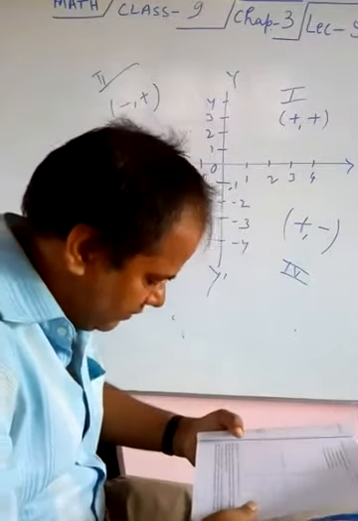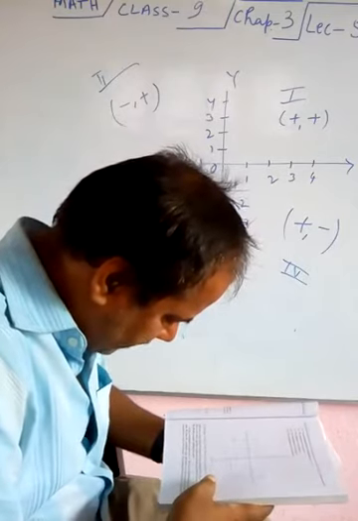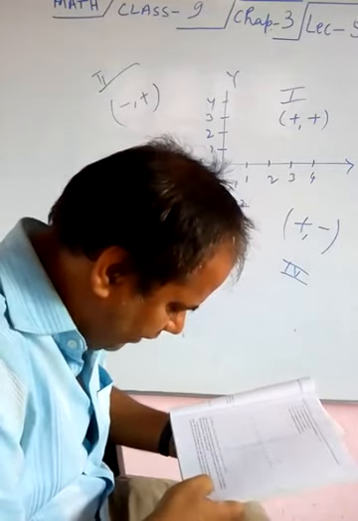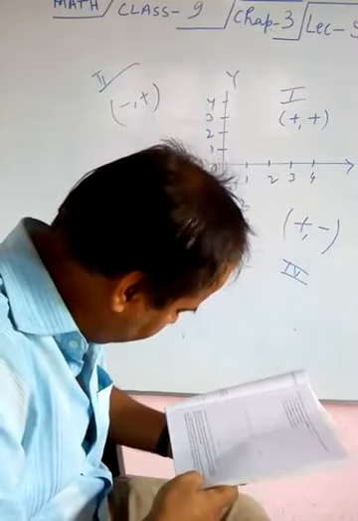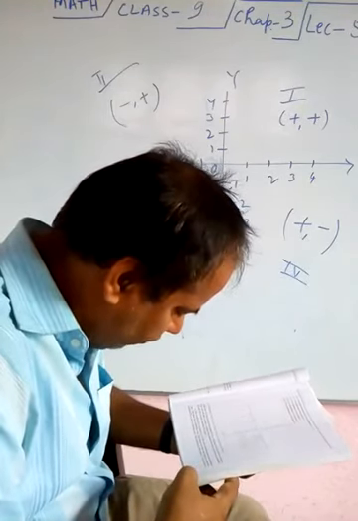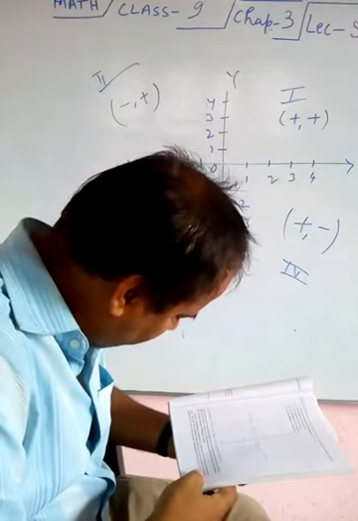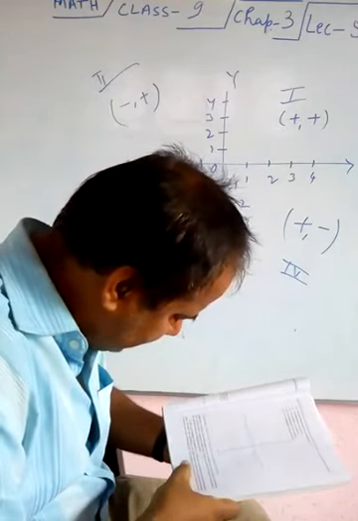Let the coordinates of a point be (3, 5). We want to plot this point in the coordinate plane. We draw the coordinate axes and choose our units such that 1 centimeter represents 1 unit on both axes.